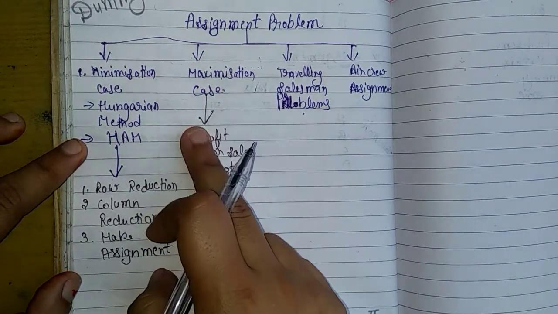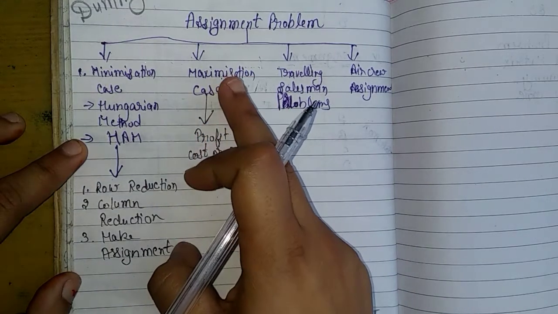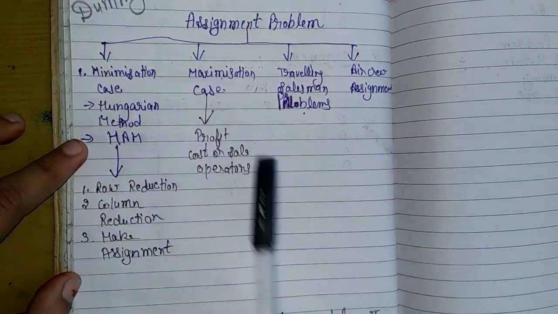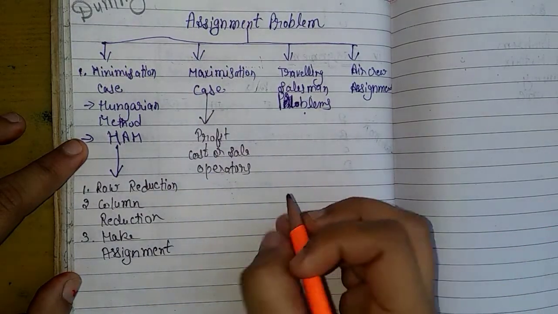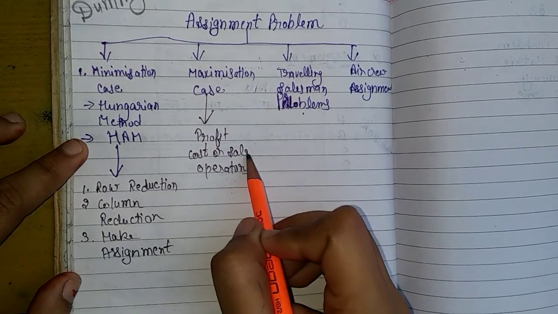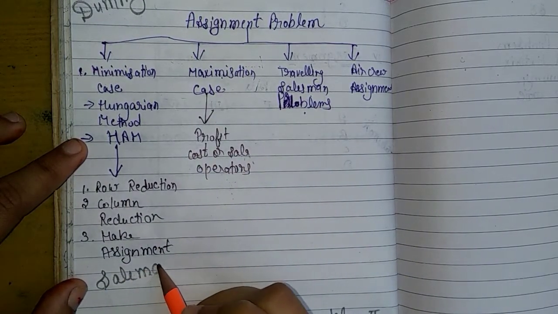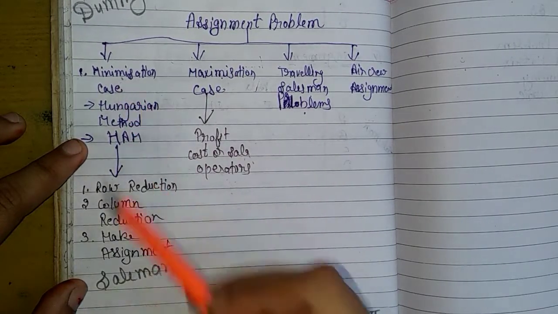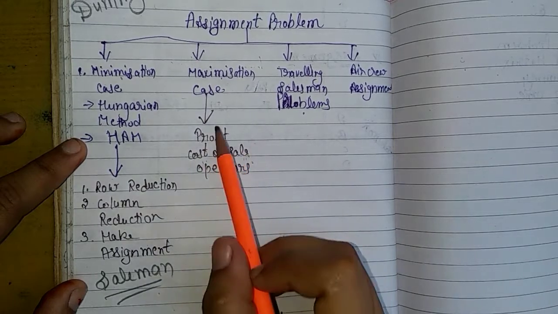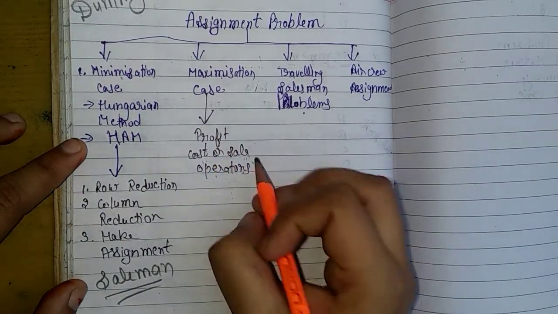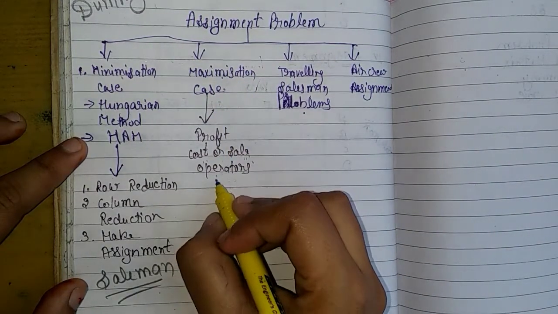So we can assume that the question is of maximization case if such type of information is given. Not salesman, because salesman is also given in minimization case. So always assume cost or sale, profit or operator for solving maximization case.